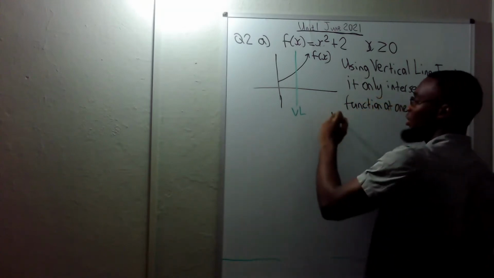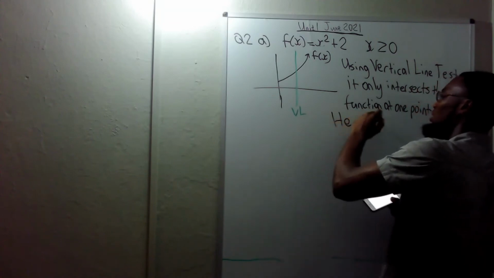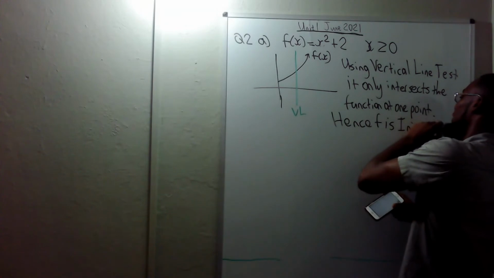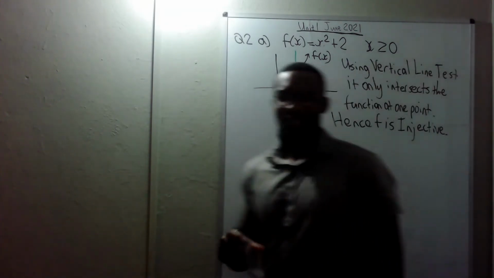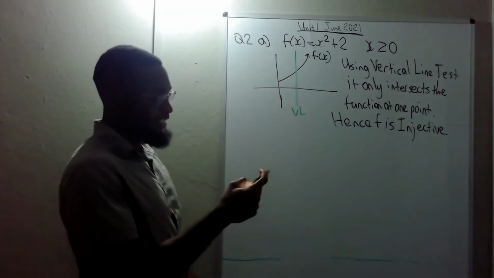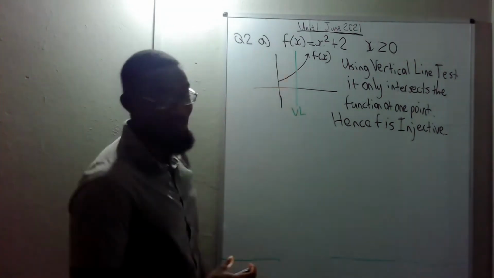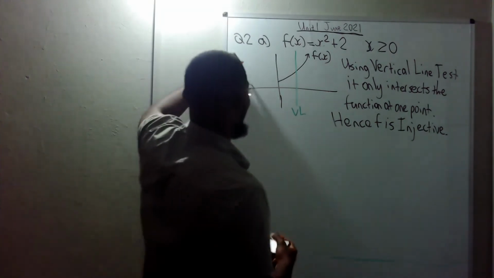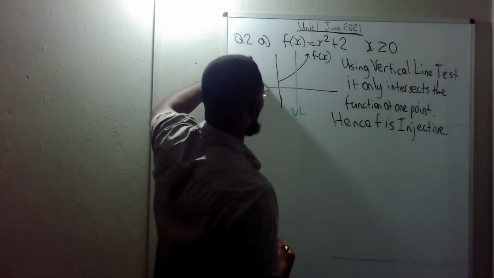And so we can conclude, hence, f is 1 to 1. In other words, we can say f is injective. That's how you do it, using the vertical line test. And that will give you 4 marks. Just to draw a vertical line and write this, 4 marks. That's crazy.